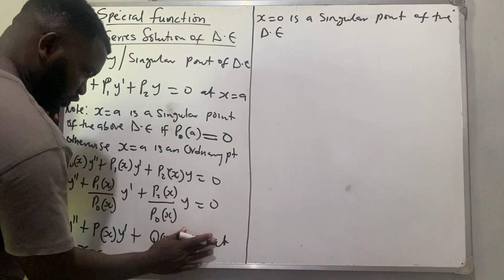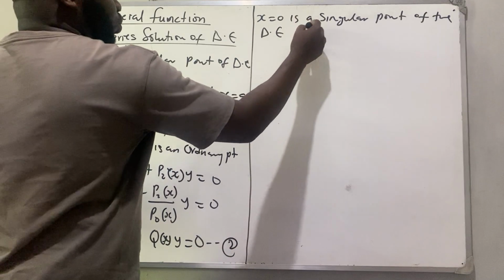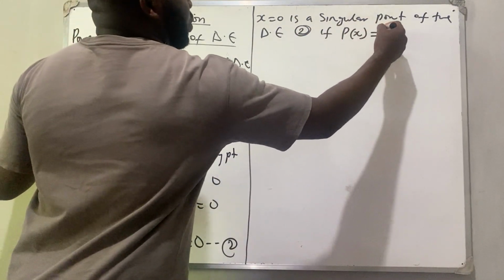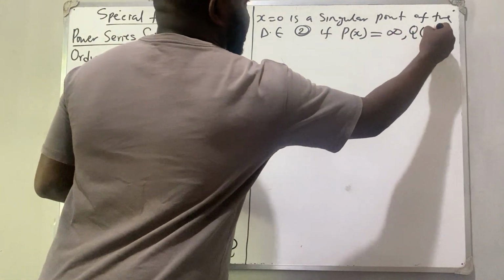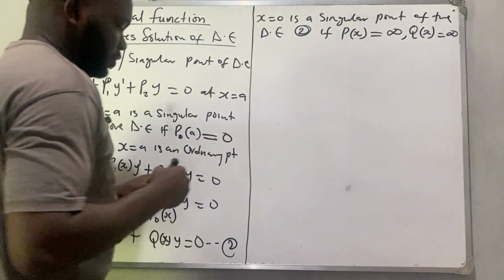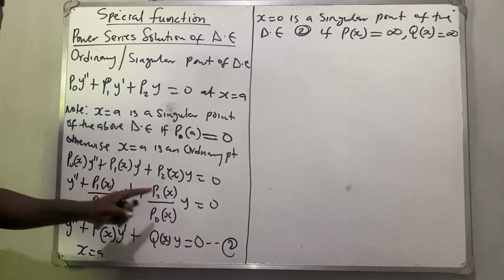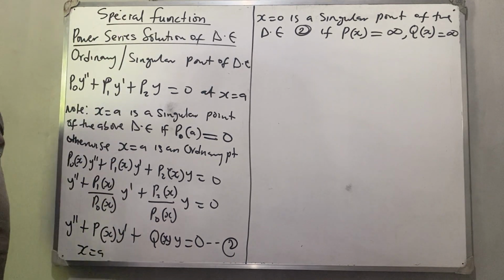Let me call this one equation 2. And this one, differential equation 2, if p of x is equal to infinity and q of x is equal to infinity as well, so because x equal to a is under the two of them. So if this and this are equal to infinity, we say that it is a singular point.